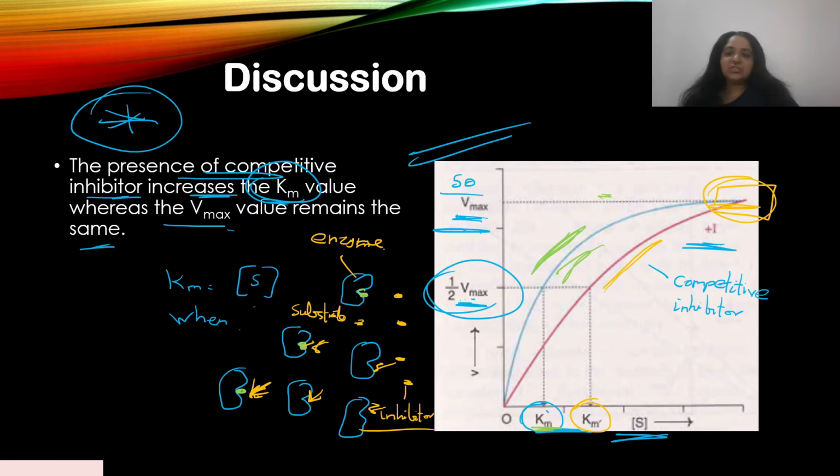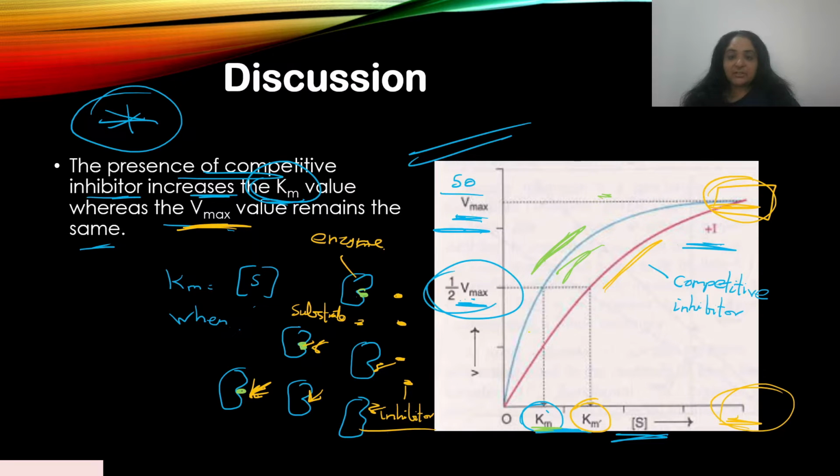So that means this shows that when substrate concentration is high, higher levels of substrate concentration, the velocity doesn't change. The inhibitor does not have any effect on the maximum velocity. So the Vmax value remains the same, right? This is a situation where the substrate concentration is high.